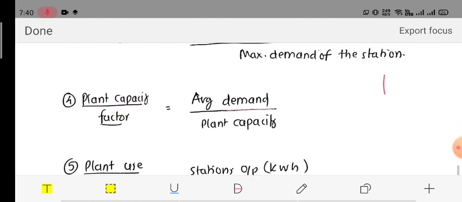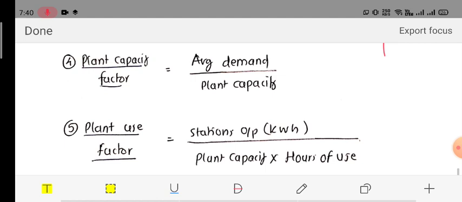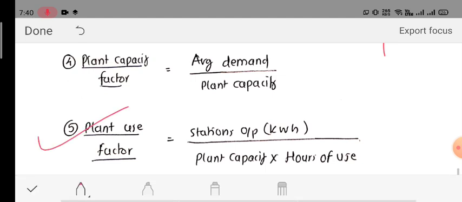Then comes the plant capacity factor. It is nothing but the average demand divided by plant capacity. Plant capacity you will know, it will be a value, let's say 30 megawatt or 40 megawatt, anything. Then the plant use factor, which is also known as the utilization factor.